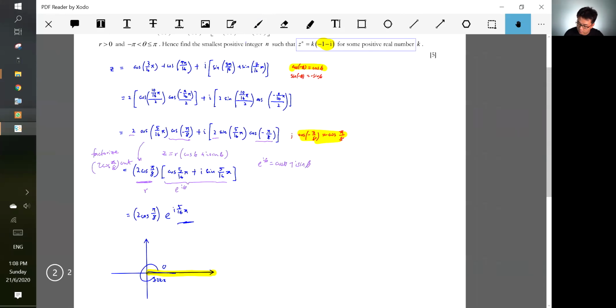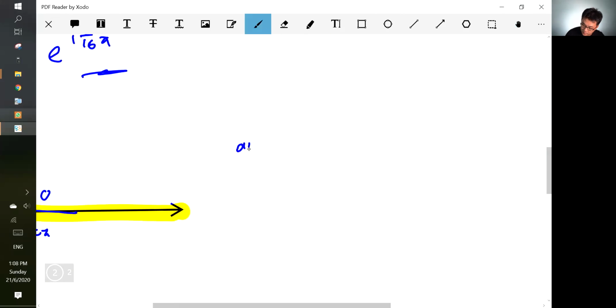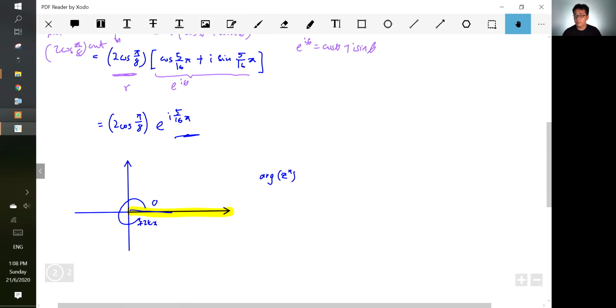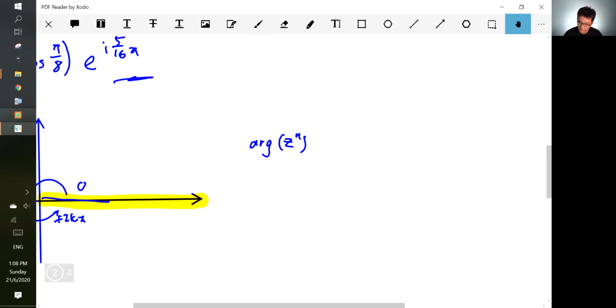So the argument of that number, z^n, would be 0 plus 2k pi. Just take note of that.